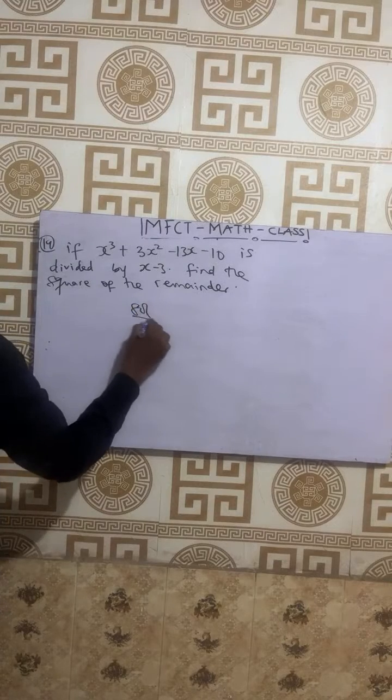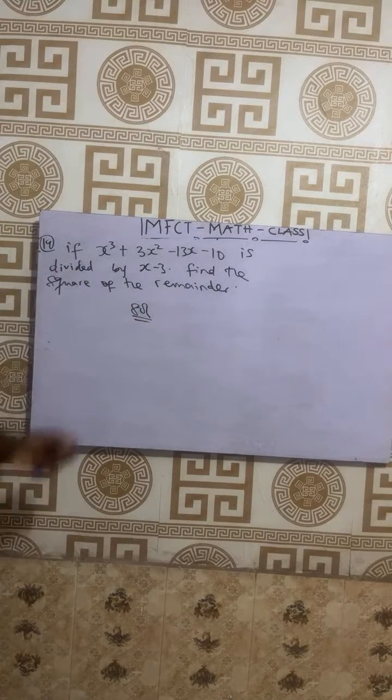So guys, they said if x raised to the power 3 plus 3x squared minus 13x minus 10 is divided by x minus 3, find the square of the remainder.